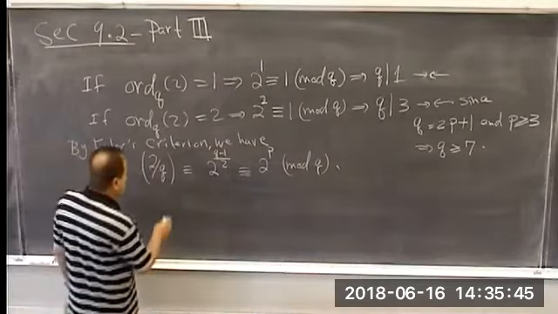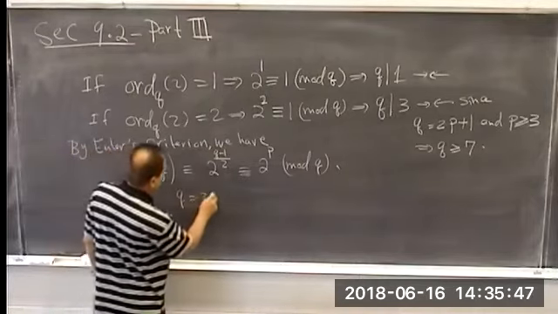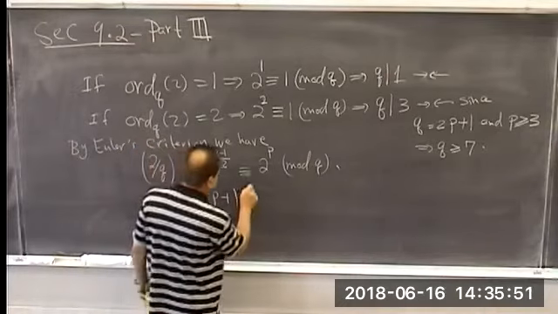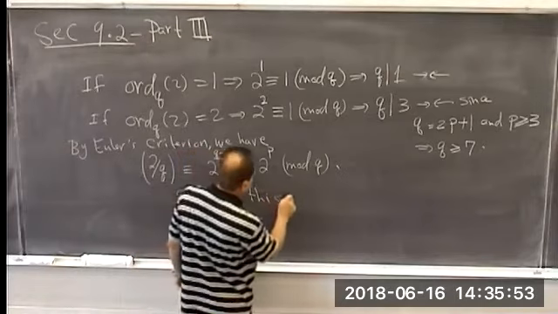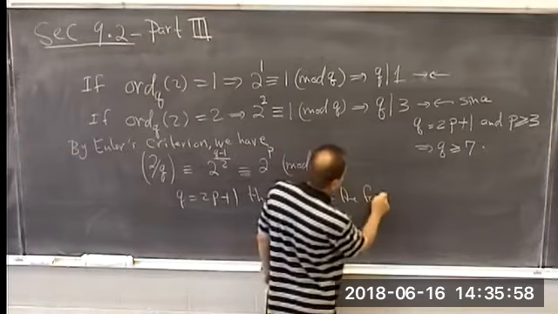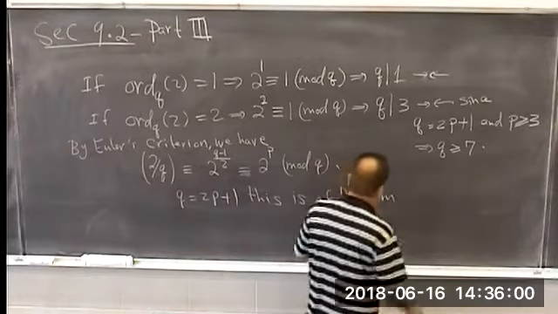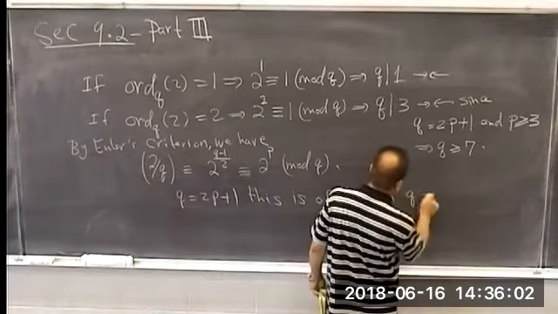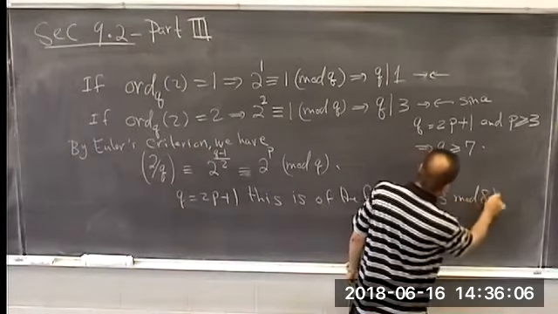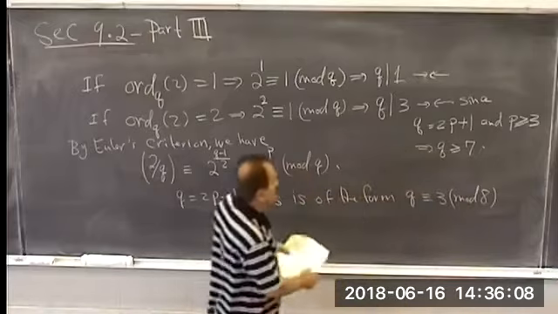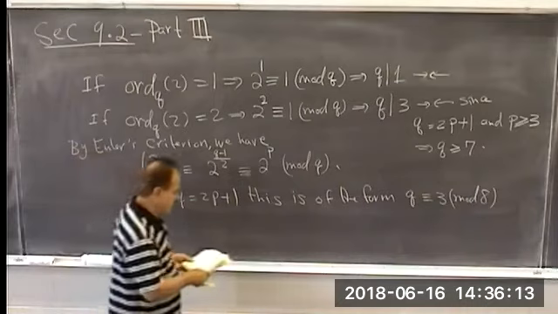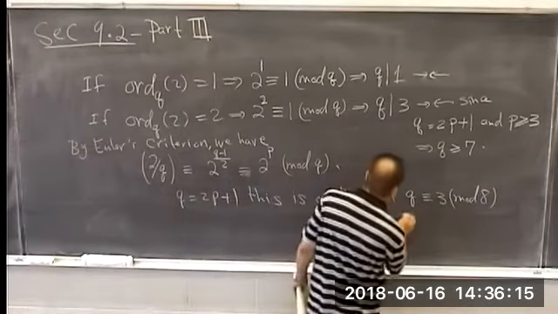Now we have q of this form, 2p plus 1, and this is of the form where q is congruent to 3 mod 8. In other words, we can turn it into a different kind. Now let's see what this looks like.